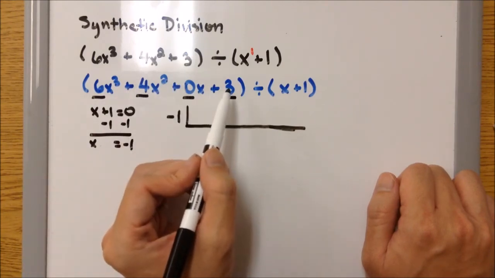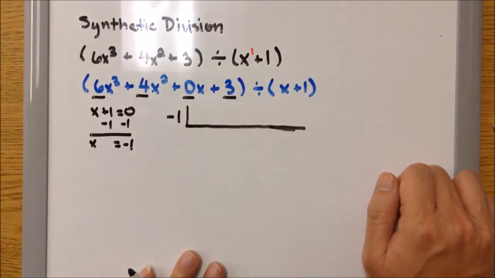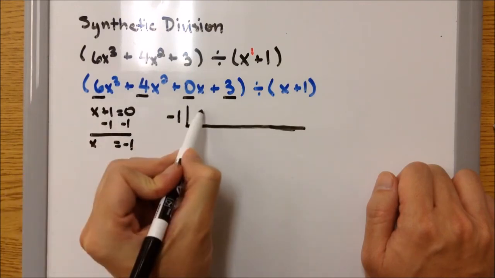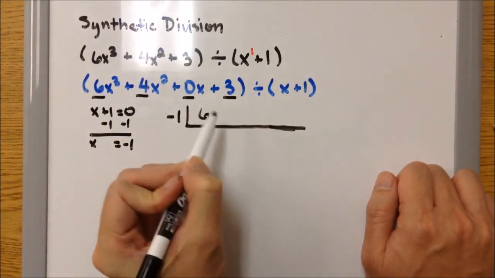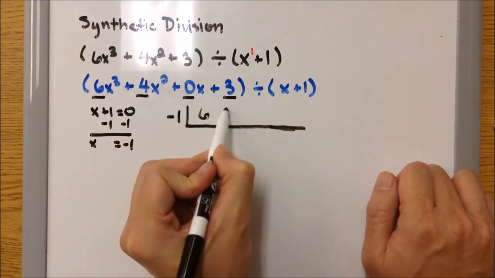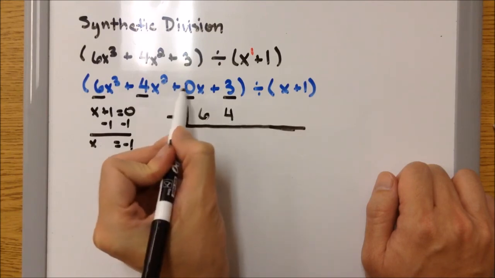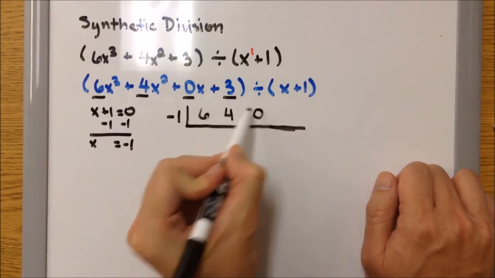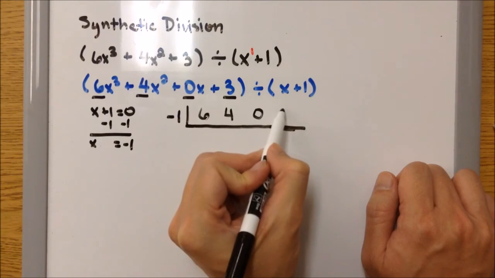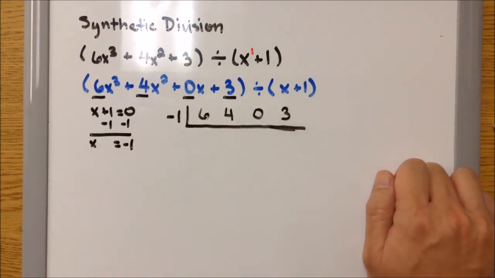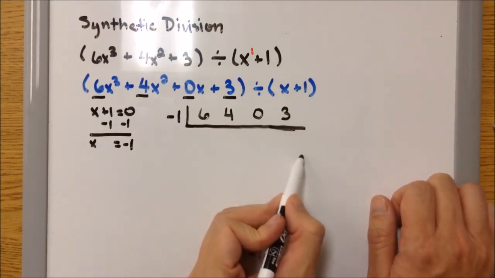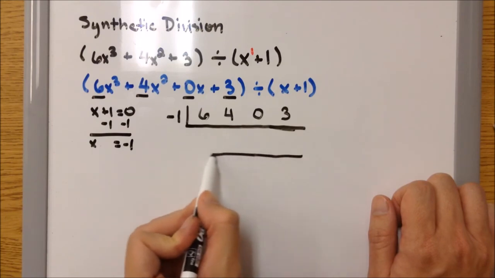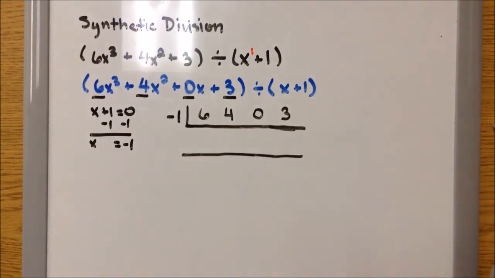If they have minus, that means they have to be negative. So 6, I'll draw right here, a positive 6, plus 4, so that's a positive 4, 0, and then plus 3, so that's just a positive 3. And then I'm going to write here for our other work.